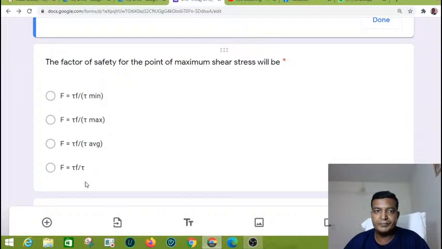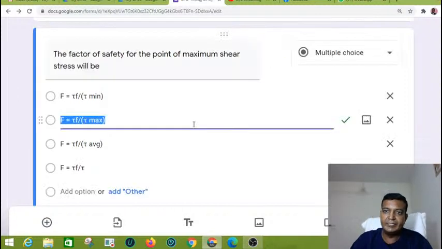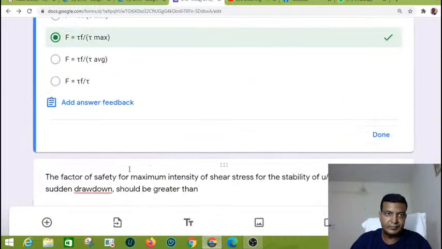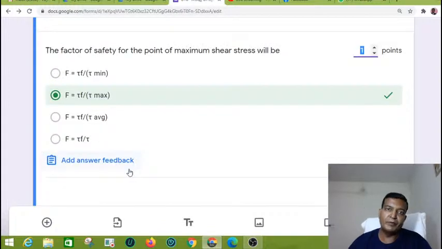Put up your opinion over here. The factor of safety for the point of maximum shear stress will be F is equal to tau F upon tau max.